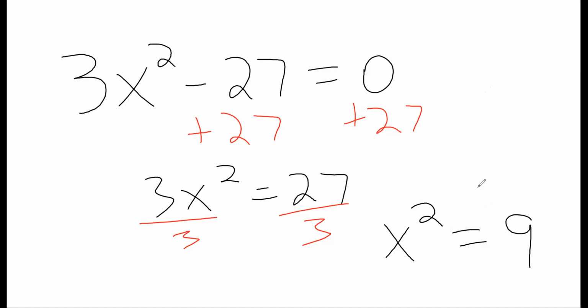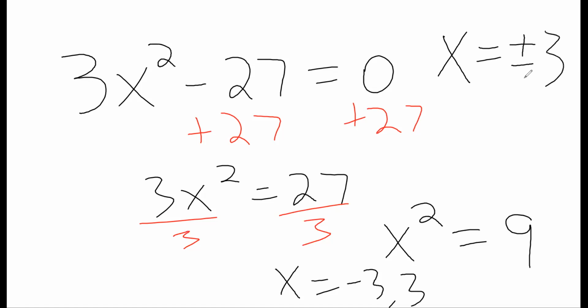So to deal with that, there's a couple ways to write that. You can say x equals -3, 3. In other words, both -3 as well as 3 work. Another way, a more succinct way of writing it, and this is going to be the overall answer here, is going to be x equals plus or minus 3.